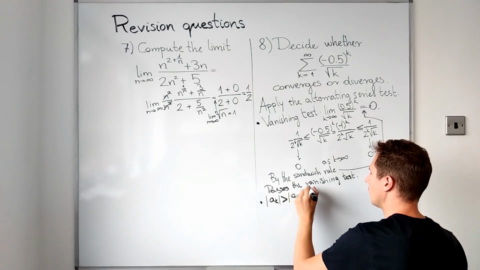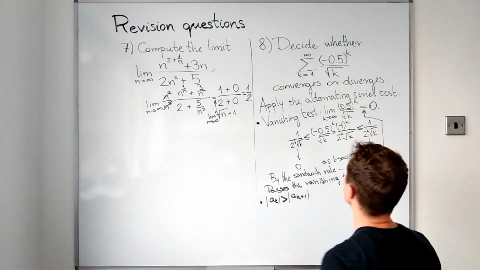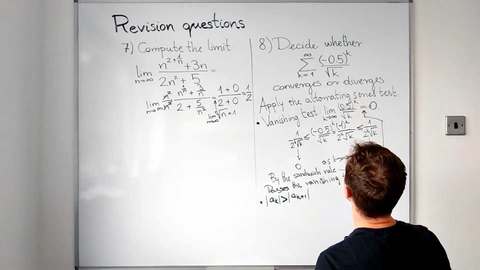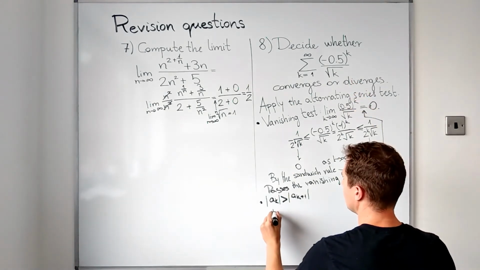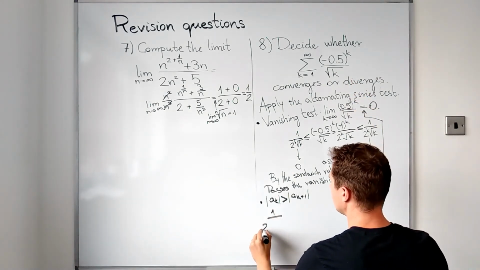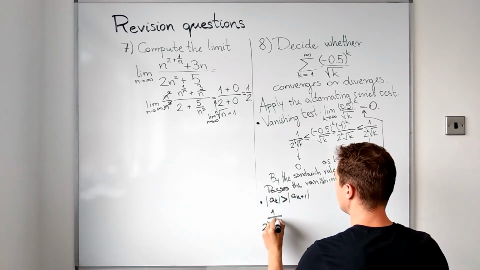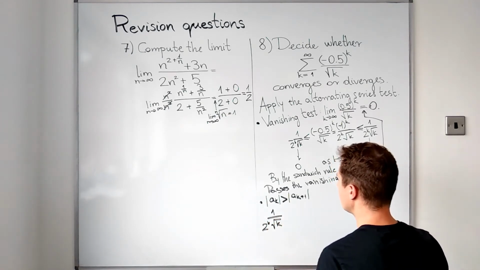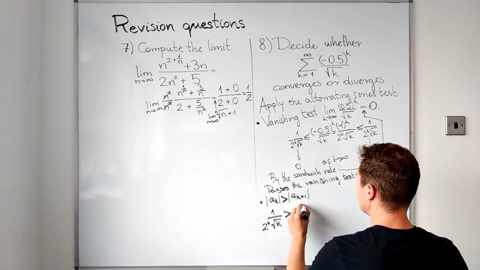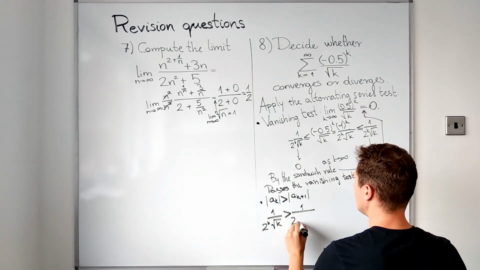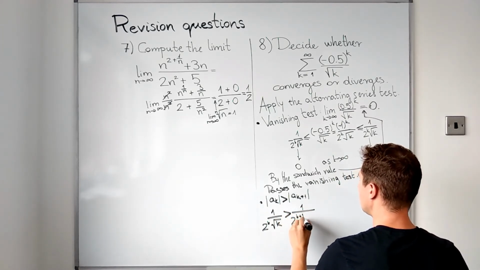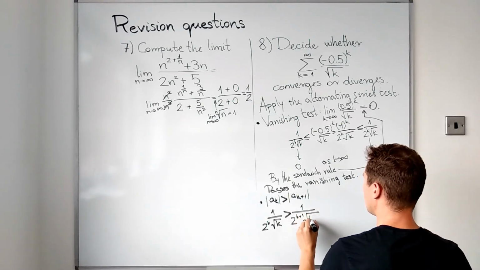Okay? What does it mean for our sequence? If we take the absolute value of the kth term, we get 1 over 2 to the power k times the root of k, and that should be strictly less than 1 over 2 to the power k plus 1 times the square root of k plus 1.